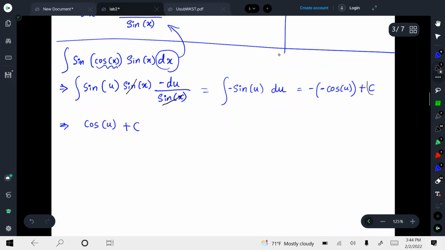Remember, you have to write the integral constant, or else you will be losing your marks. Remember to write the constant when you remove the integral.